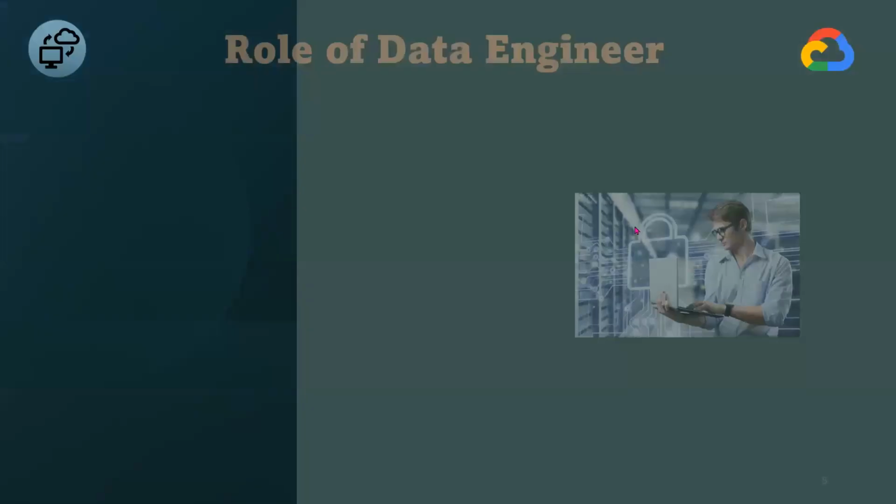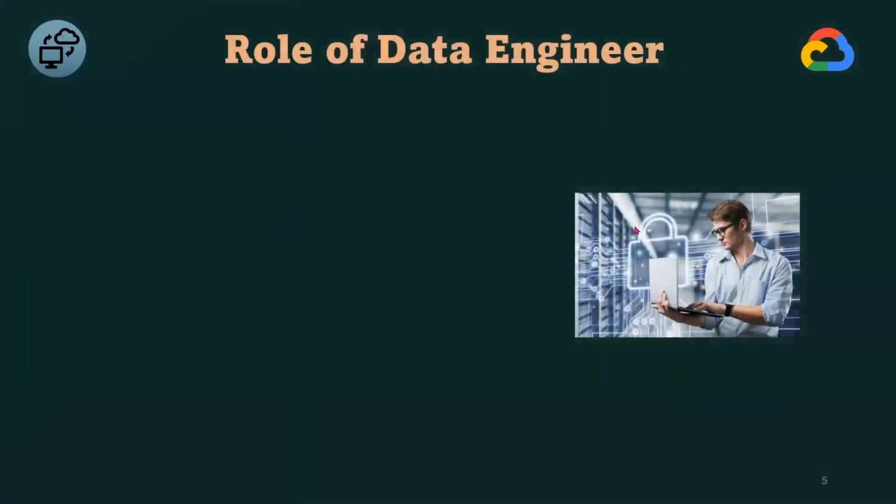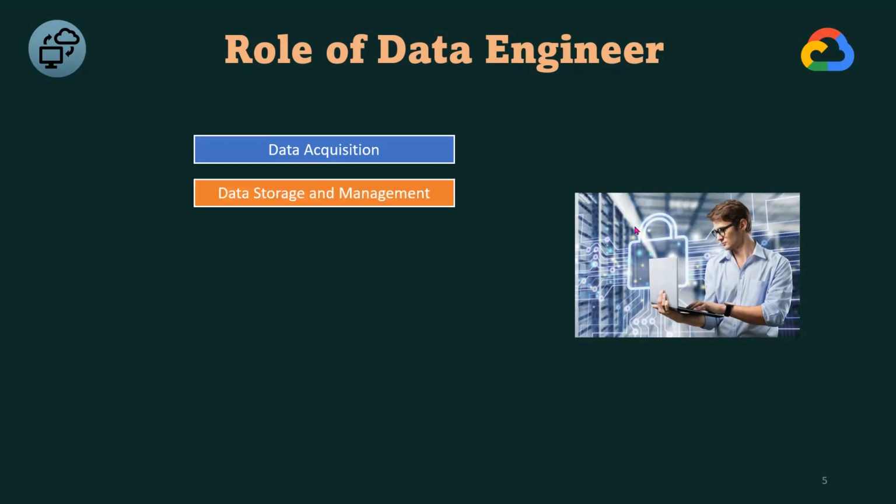So what is the role of a data engineer? He should be working on data acquisition, nothing but data extraction. He needs to create the data ingestion pipelines to extract the data from the source. He needs to store the data, manage the data and access the data. We need to select a location where we want to store the data, and everything about how we manage the data we need to take care of.